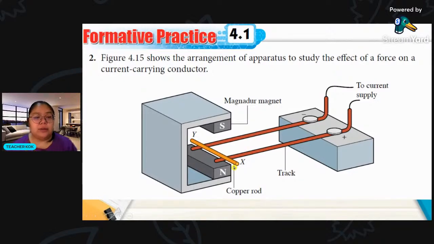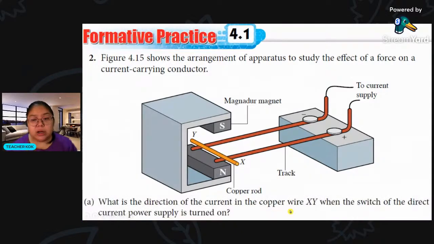Now we want to answer one of the questions. What is the direction of the current in the copper wire XY when the switch is on and the direct current power supply is turned on?